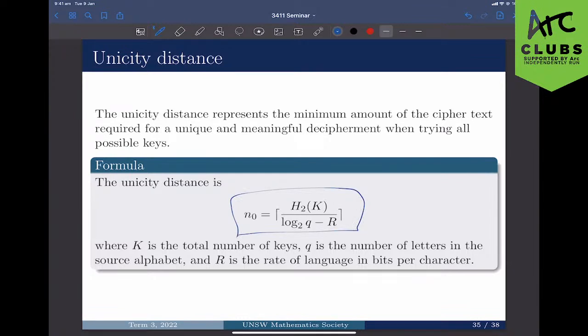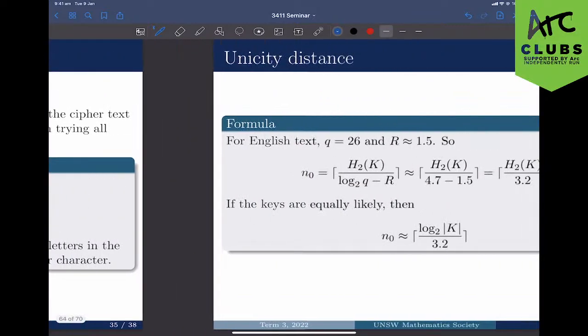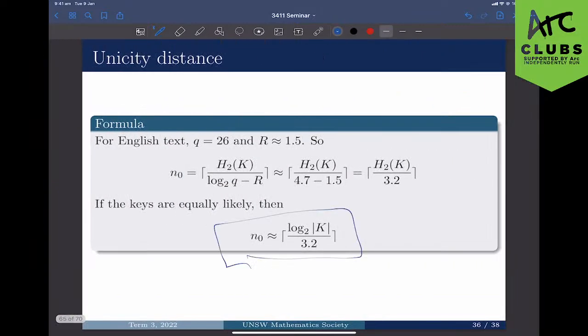where K is the total number of keys, Q is the number of letters in the source alphabet, and R is the rate of language in bits per character. But we don't have to worry too long about this formula because for the most part, we're going to be looking at English text, which means that the values of Q and R are established.